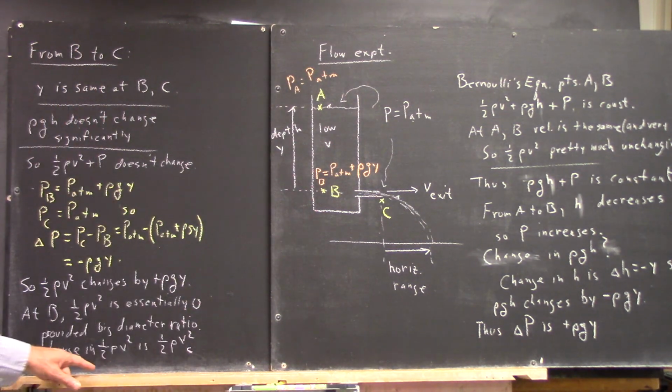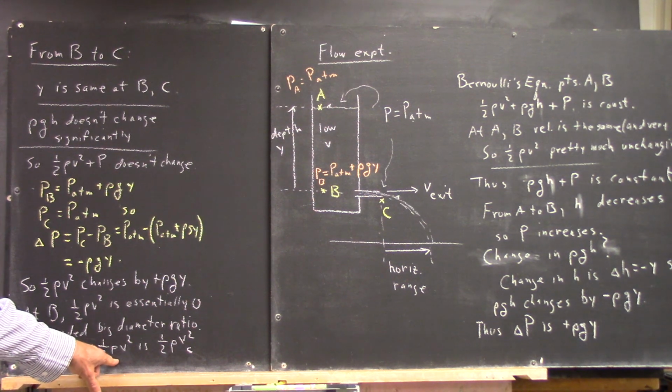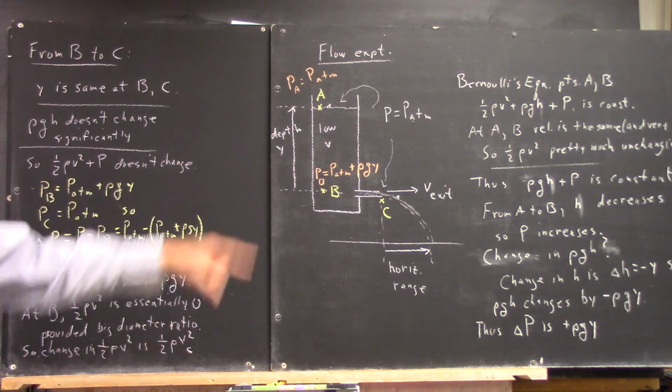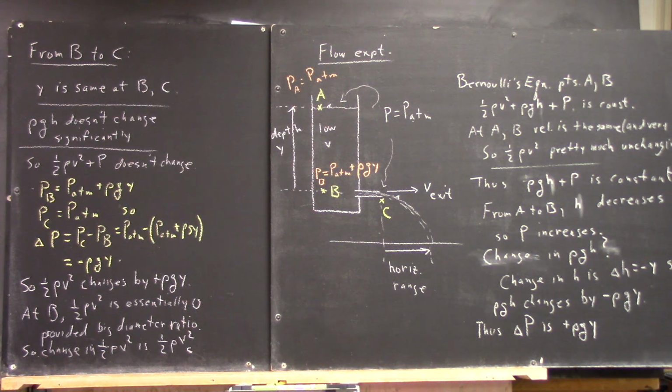I'm going to say that the change in 1/2 rho v squared, since 1/2 rho v squared starts out at pretty much 0, the change is just 1/2 rho times whatever v is at point C. Okay?